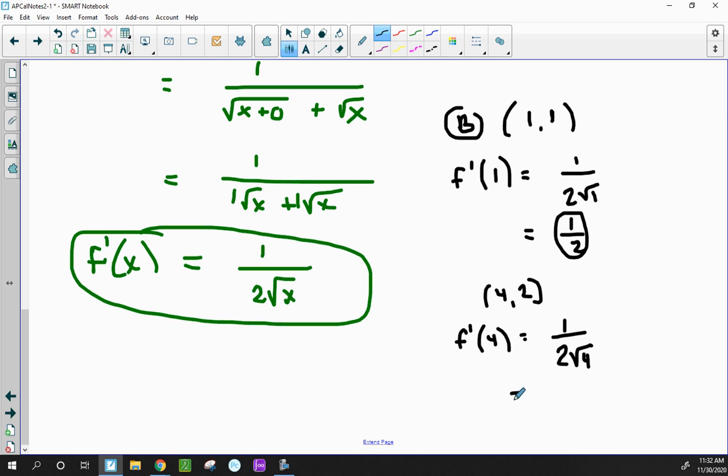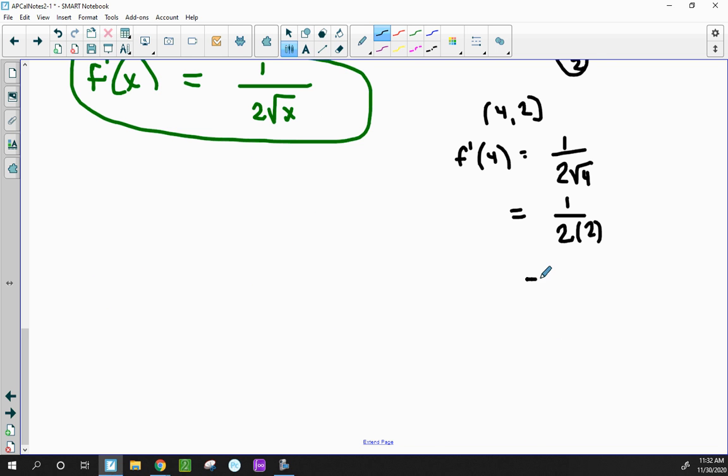Okay, so that's going to give me 1 on top and 2 times the square root of 4, which is 2. So that means this part is going to be 1/4. So when x is 4, the slope of the tangent line is 1/4.